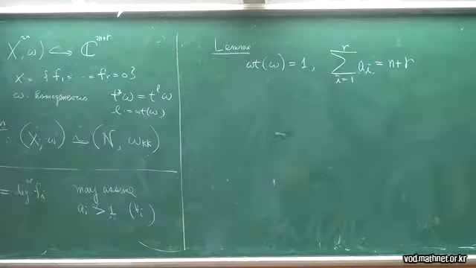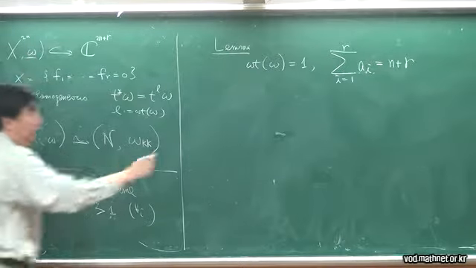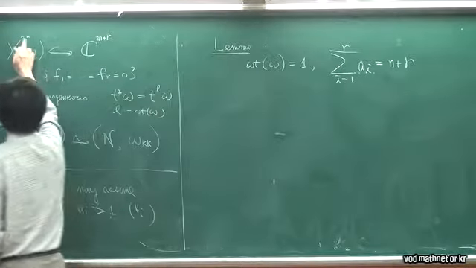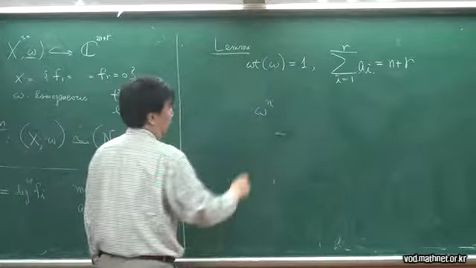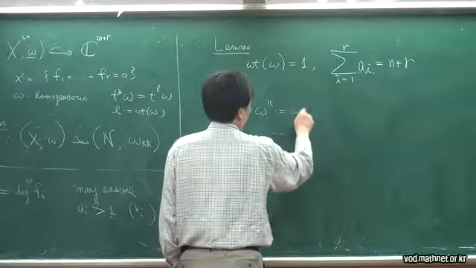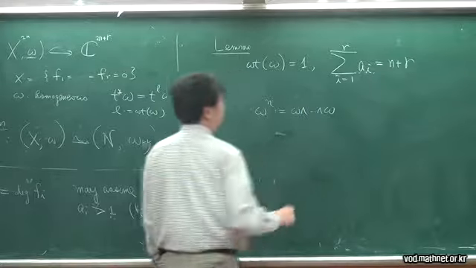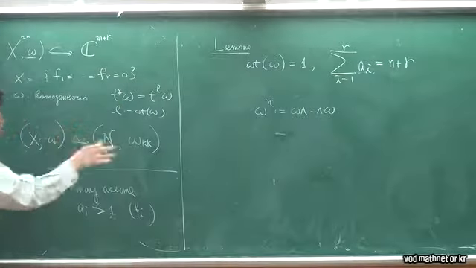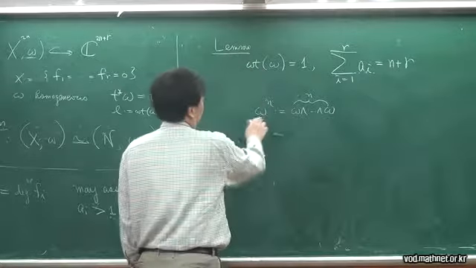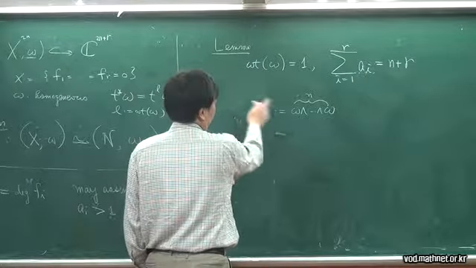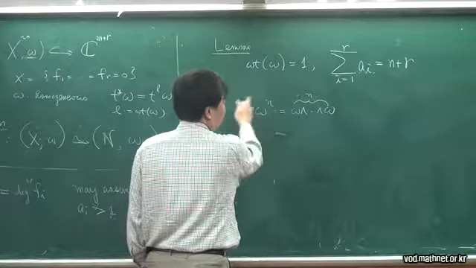So omega is a symplectic form and the dimension is 2n, so let us consider omega^n, which is nothing but omega wedge n times. But this is a canonical form, a holomorphic volume form.